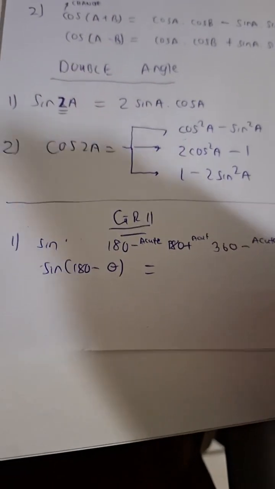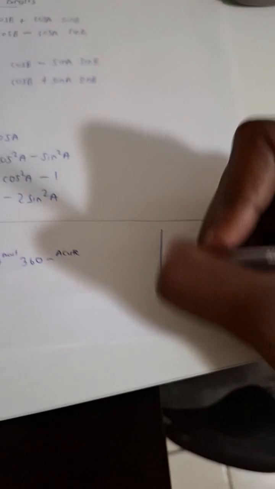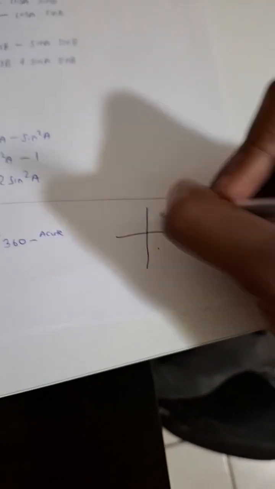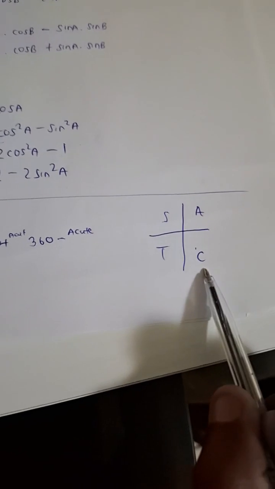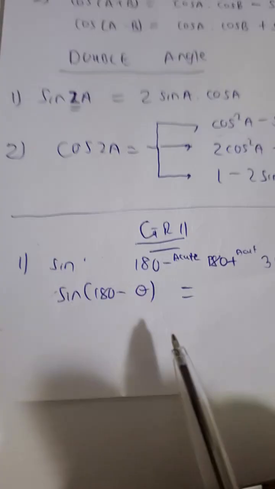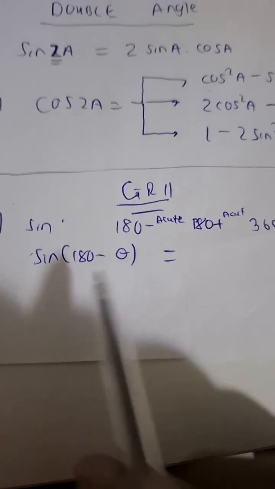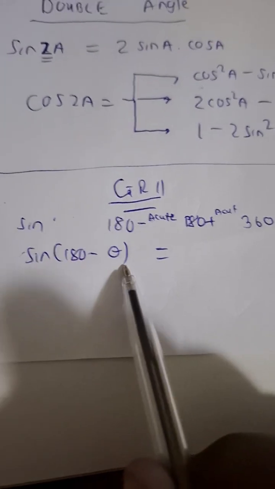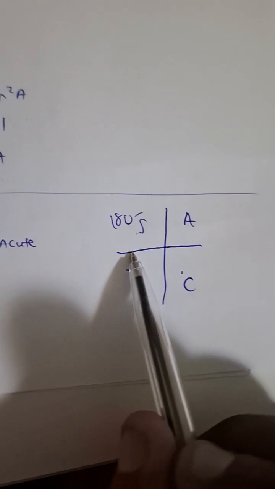Obviously now in grade 12, if using ASTC seems to be a pain, you can write down the reduction of 180 minus theta by saying which quadrant 180 minus theta is in. We know that 180 minus is in the second quadrant.